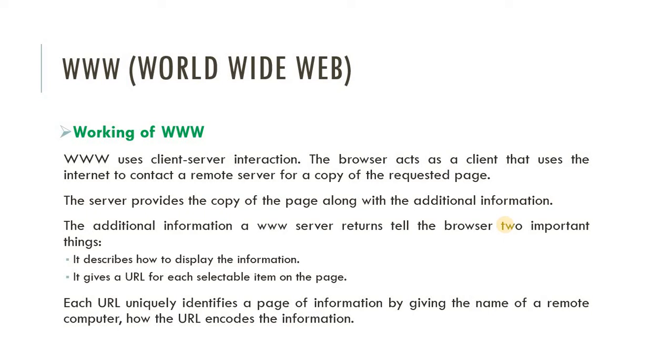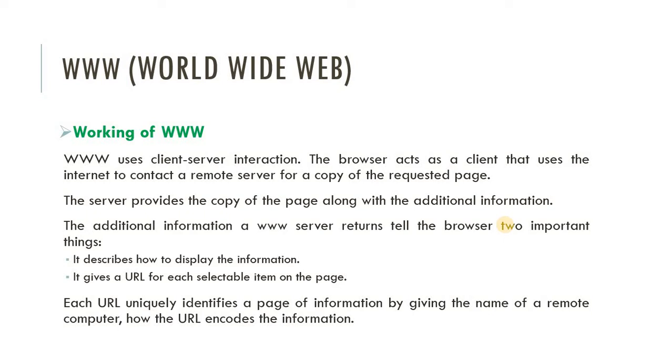Now the client requests a web page from the web server via the internet, and that remote server replies with the requested page to the client. This is a broad explanation of how they work.